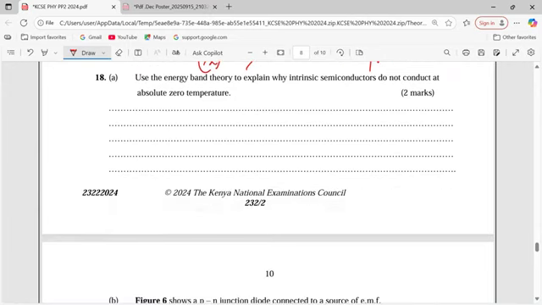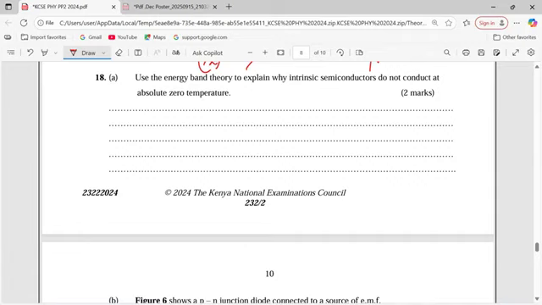The last question here is number 18. Look at part A of number 18. Use the energy band theory to explain why intrinsic semiconductors do not conduct at absolute 0 temperature. Intrinsic semiconductors, these are pure semiconductors whereby nothing has been added to them, no impurity which has been added to boost the conductivity.